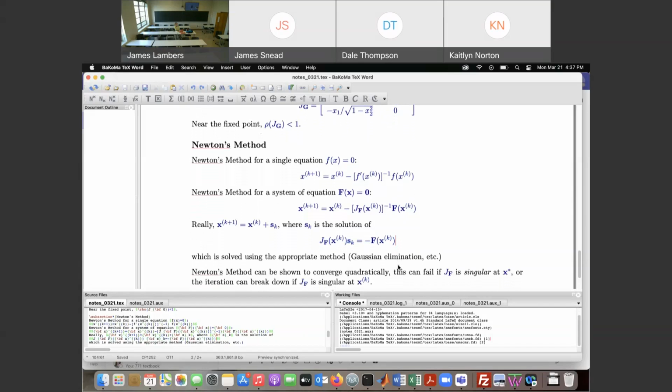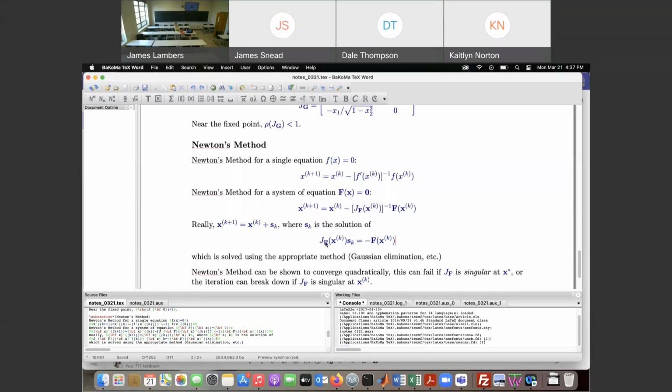The kind of convergence that we know about from the single variable case holds true in the multivariable case, that generally you have quadratic convergence. But like we saw before from Newton's method, if the root x star was a double root, meaning its derivative was 0 at the root, then convergence would slow down to linear.